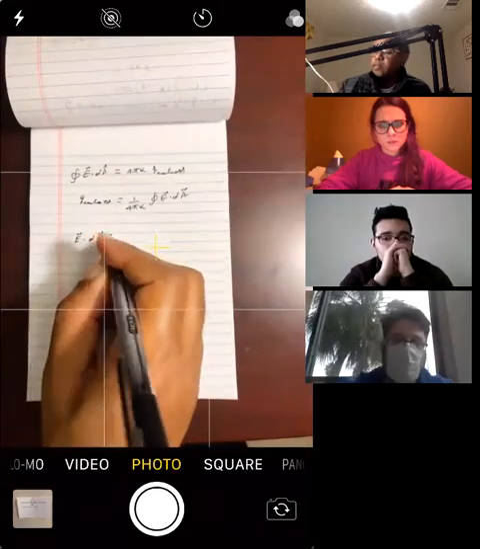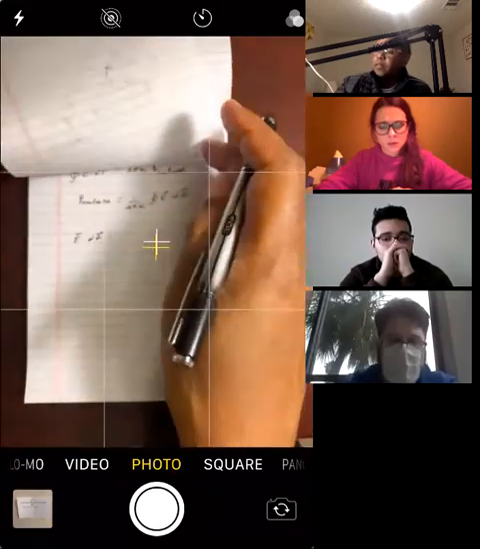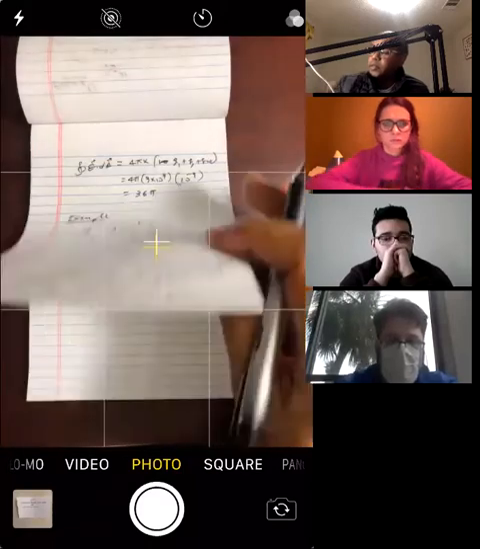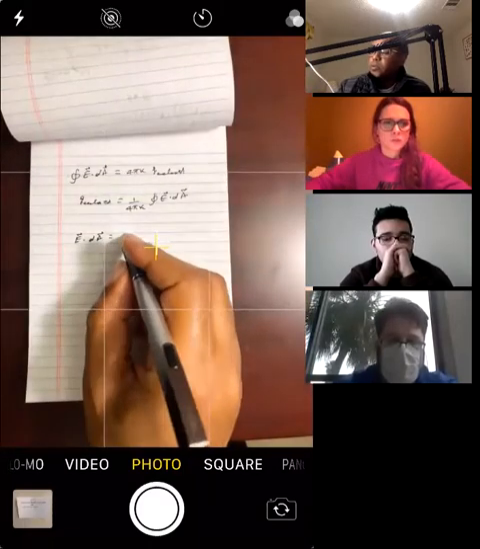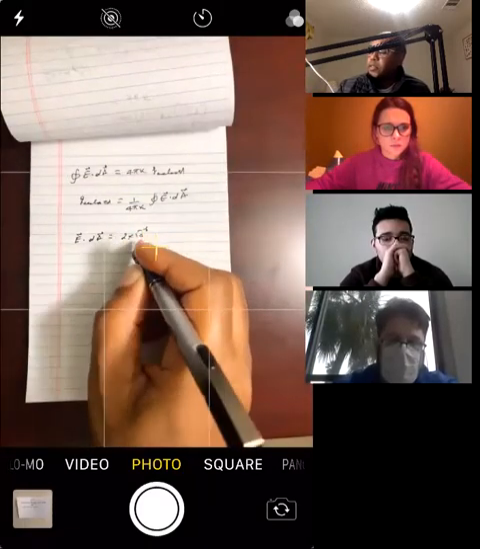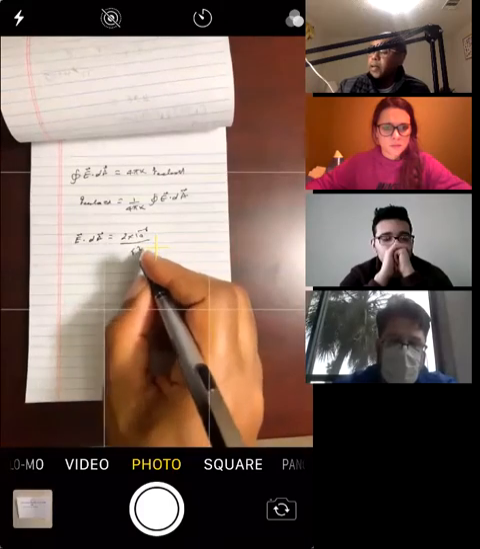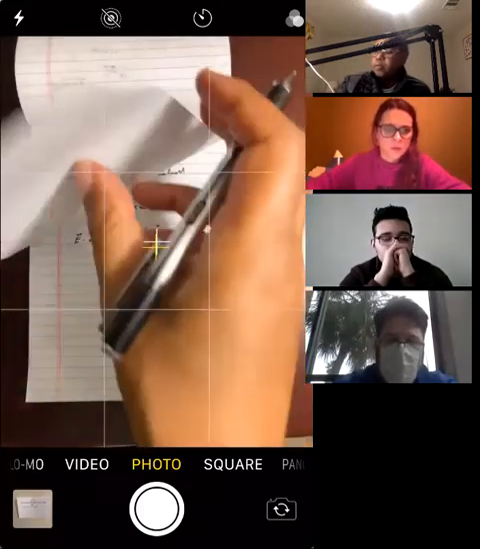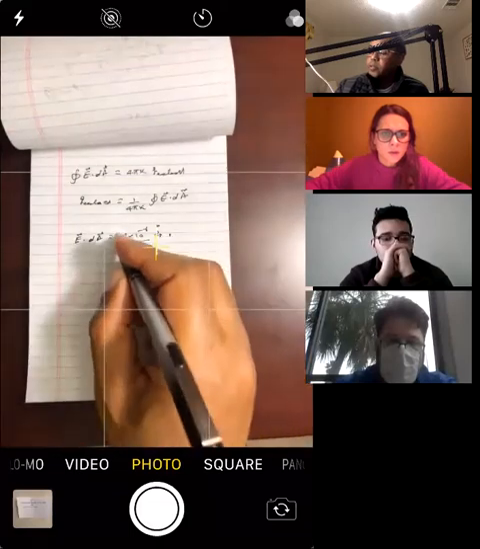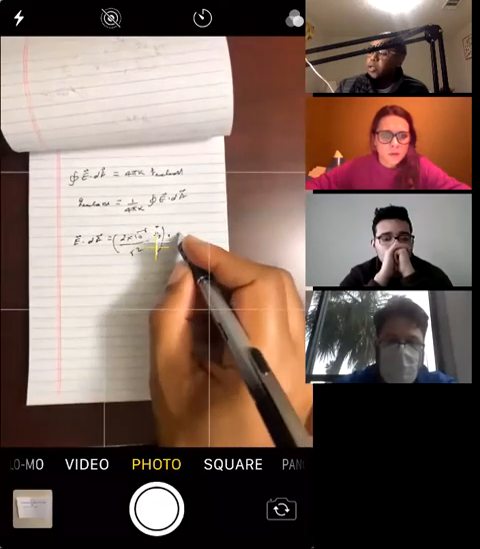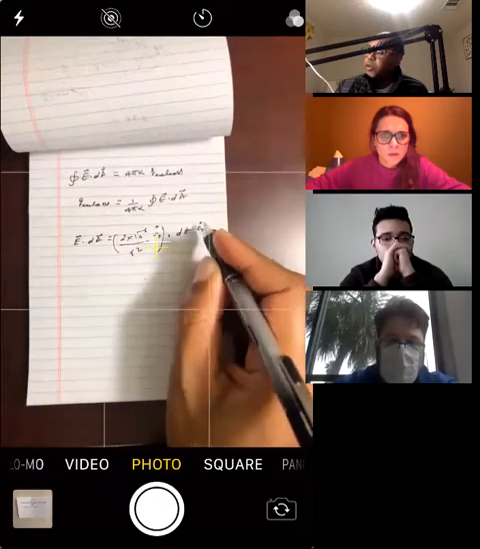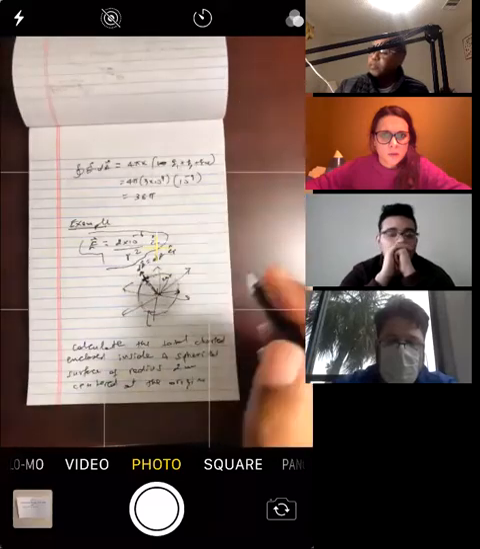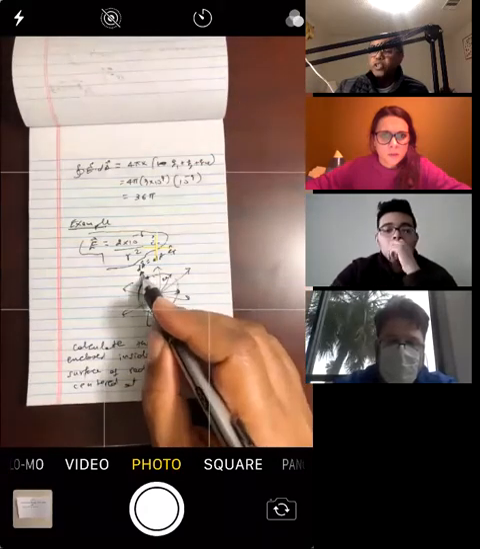E dot dA: the electric field is 2 times 10 to the power negative 6 divided by r squared in the direction of E_r, right? How about the area? This is dotted with the small area element, that's also in the direction of E_r. Both the electric field and the area are in the direction of the position vector.